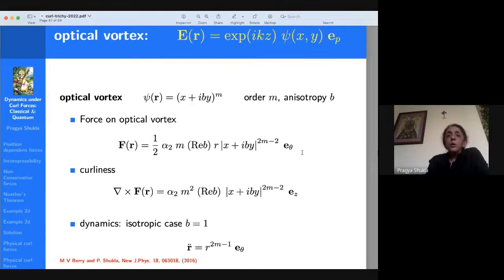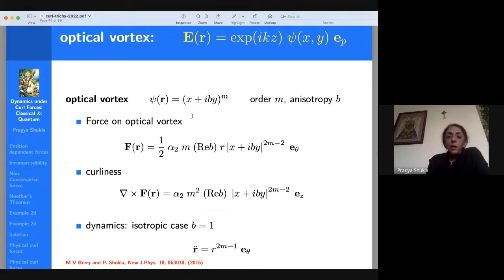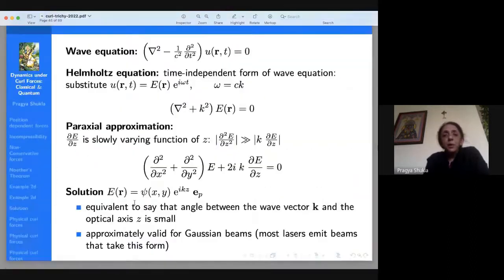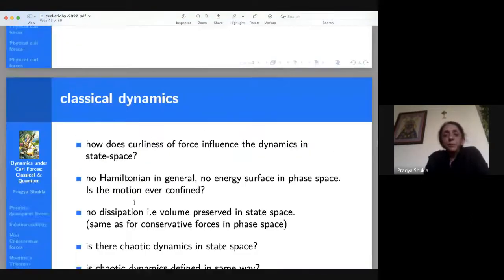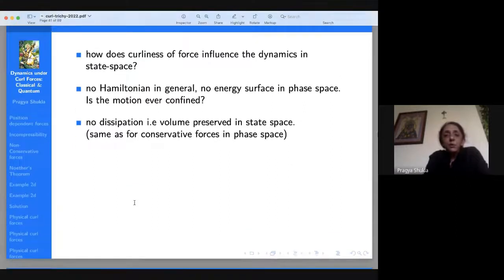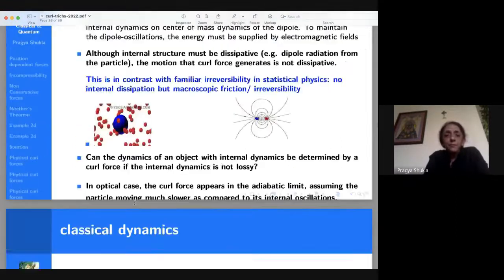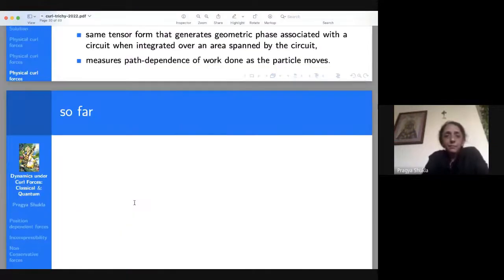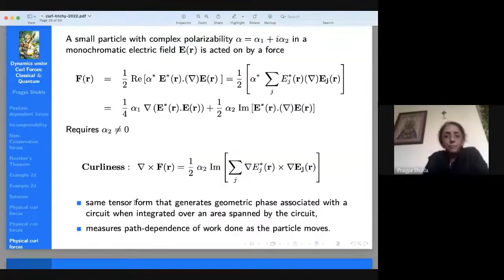Why should this be interesting? Because if you have this kind of electric field, you substitute it in the curl force equation, which I showed to you. Let me remind you what the curl force equation was. It was somewhere here.